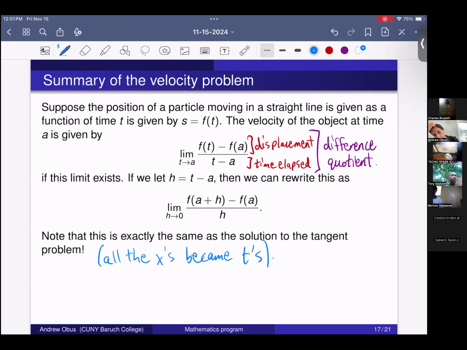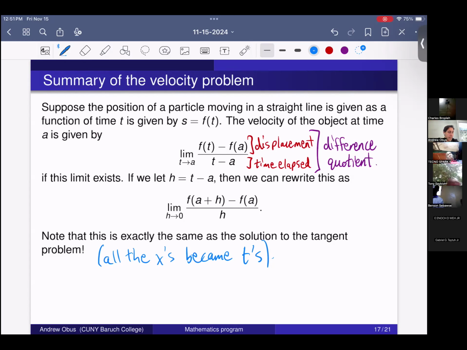So calculating the velocity at a given time is exactly the same as calculating the slope of the tangent line to a curve. In fact, it's exactly the same limit that you have to evaluate. They both come from taking the limits of difference quotients, where one represents rise over run, that's the tangent problem, and the other represents displacement over time elapsed, that's the velocity problem.